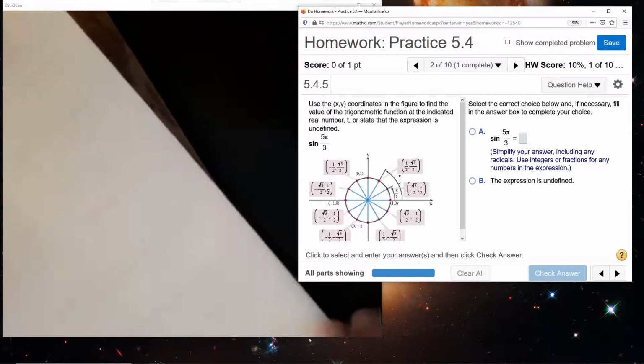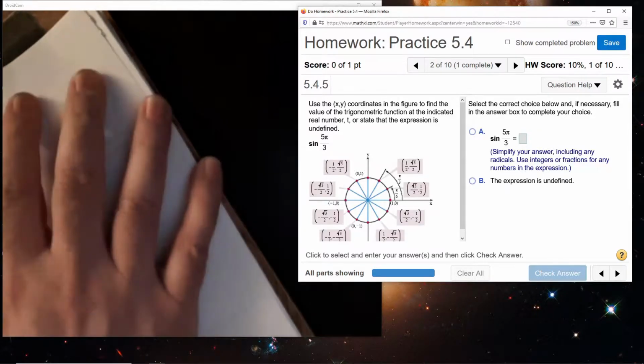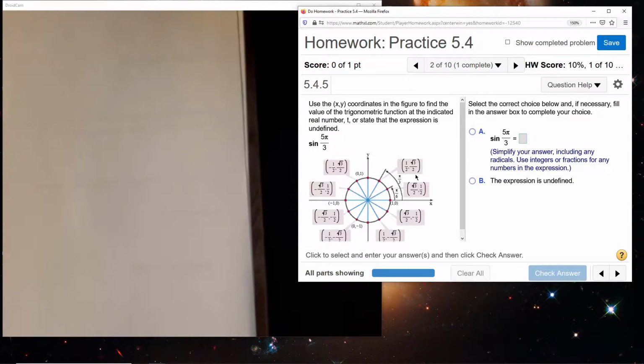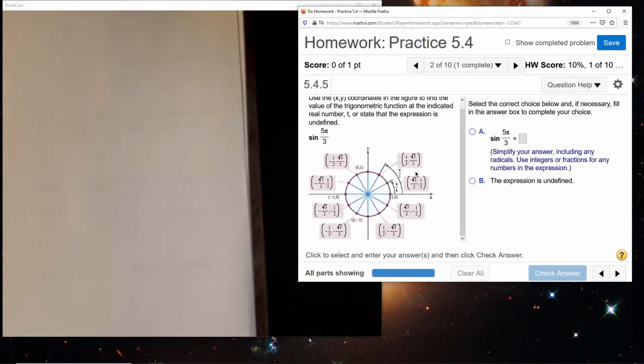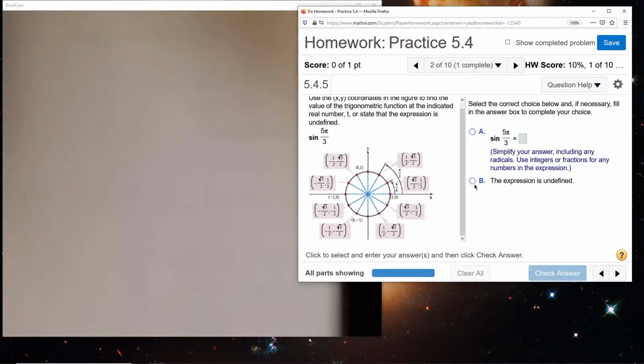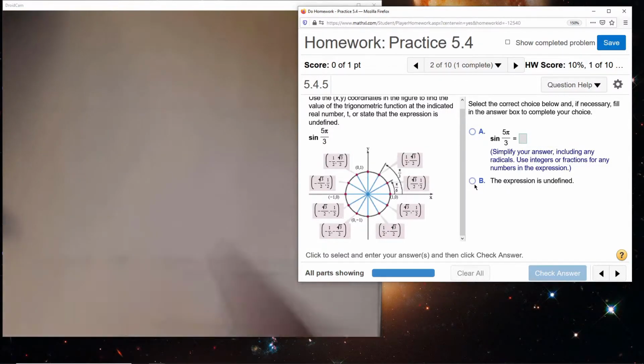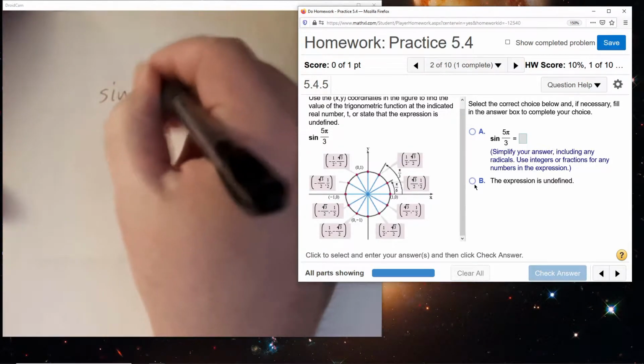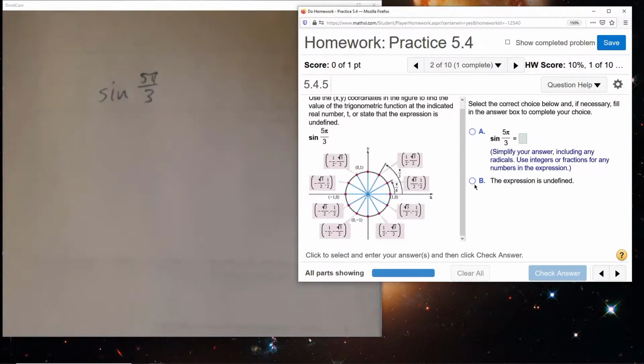And here we have the unit circle of angles here to help us do this problem. Again, it's up to you if that's what you want to use. Nothing wrong with using that. But we're looking for sine of 5 pi over 3.